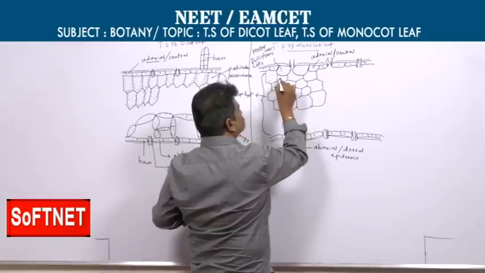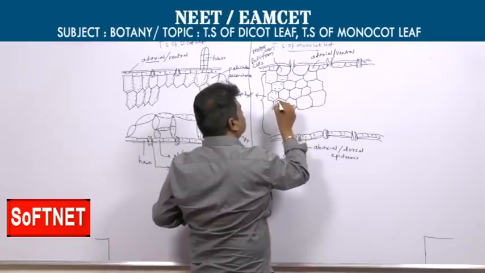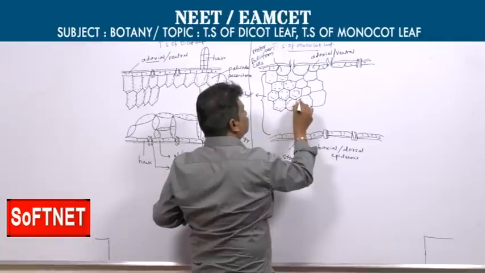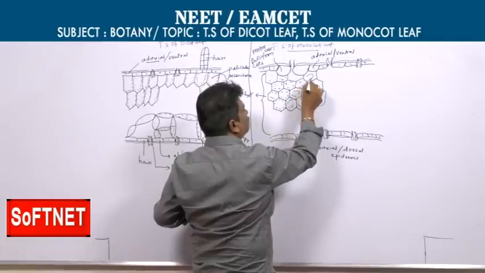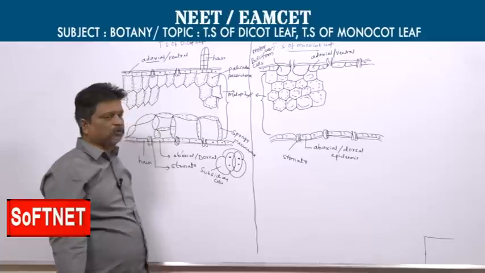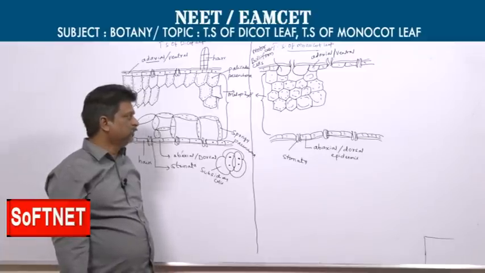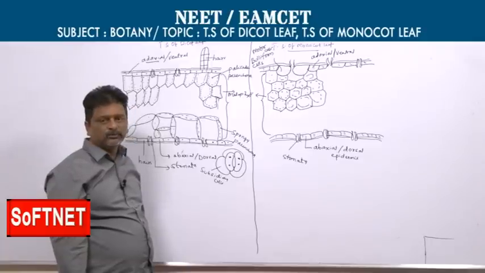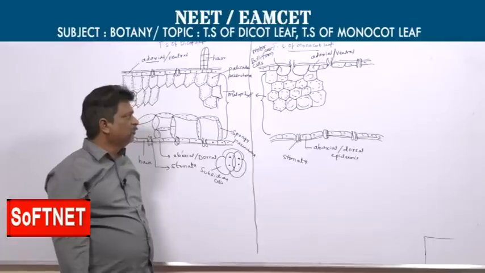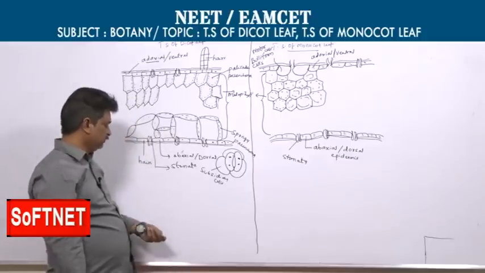Complete mesophyll is made up of columnar or cylindrical cells, and all mesophyll cells contain the same number of chloroplasts. That is why grass leaf is undifferentiated, so it is called unifacial or isobilateral leaf.